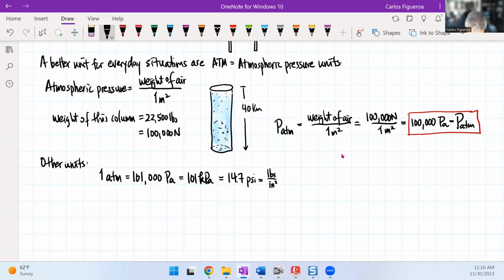Now, what's a useful measure of atmospheric pressure? This is a useful measure because you can feel this. And in the lab, there's something called a pressure bar.